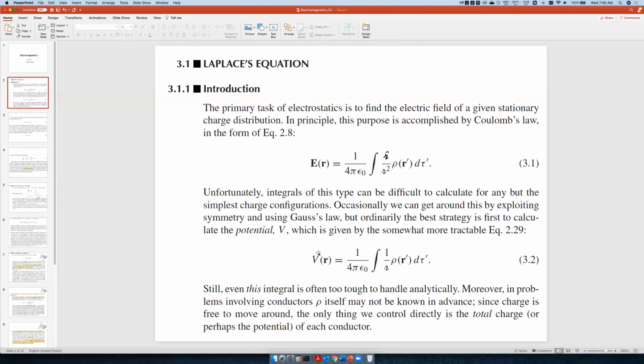The way to calculate electric potential is shown in this equation, 3.2. Still, calculating V is easier than calculating E directly, but in most cases it's still too tough to handle this equation analytically.